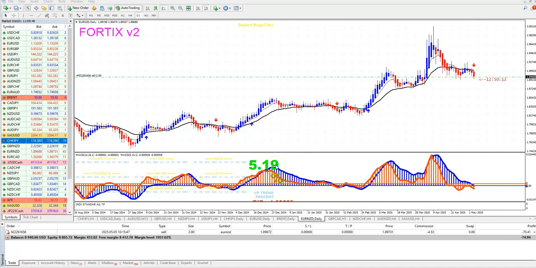You should have this also confirmed. If we are selling, it should be red, and minimum, in my opinion, 50% strength. So if you have 50% or higher in red, you will take a trade.